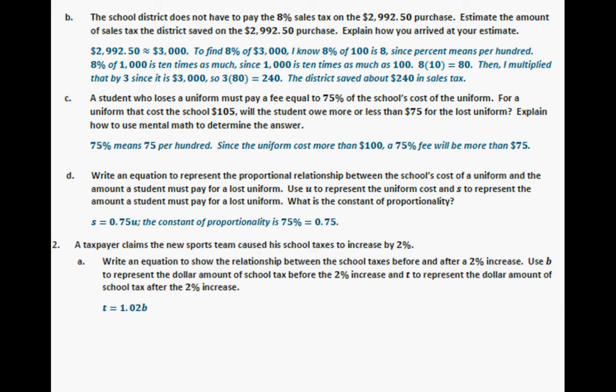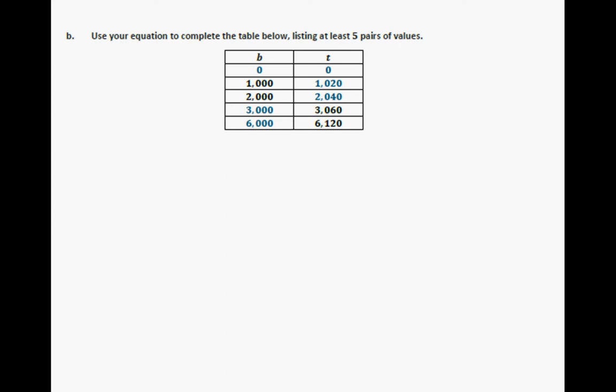And continuing with number 2, part A. Part B. Part C, your graph should look similar to this.